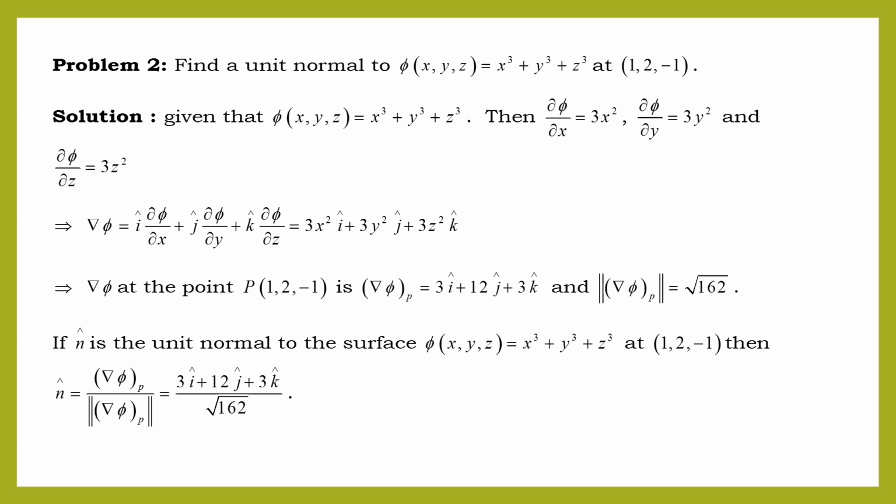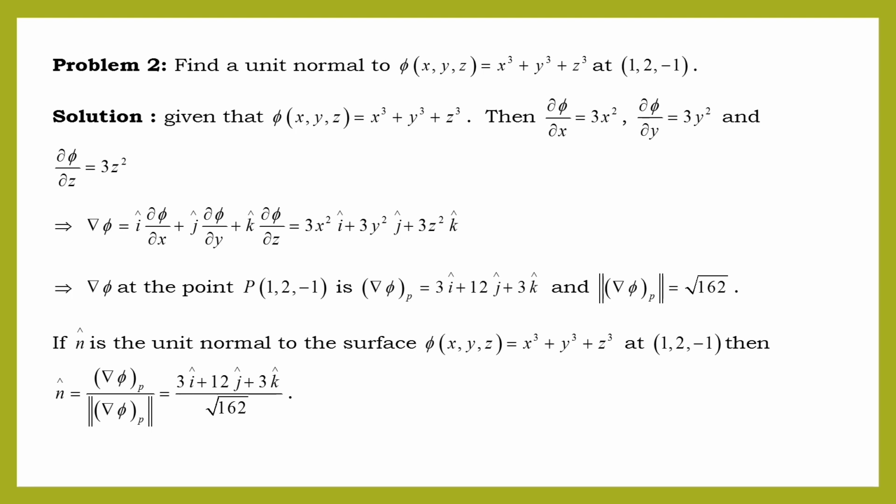Let us find out the unit normal to this given surface. First, consider phi of x comma y comma z equals x cube plus y cube plus z cube. For this surface, if I want to find out a normal, what I need to find out? Its gradient.